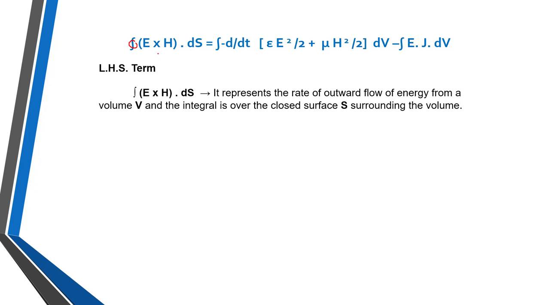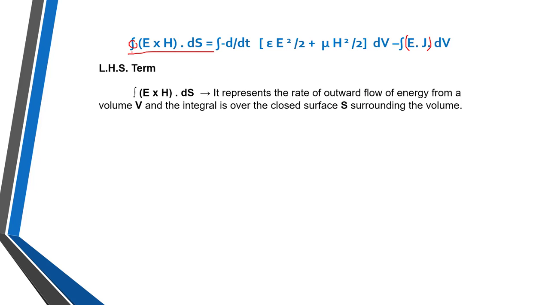The closed surface integration of E bar cross H bar dot ds bar is equal to minus dou by dou t of (epsilon E square by 2 plus mu H square by 2) into dv, minus E bar dot J bar into dv. So what does the first term indicate? On the left hand side, the first term, the surface integration of E bar cross H bar, represents the rate of outward flow.